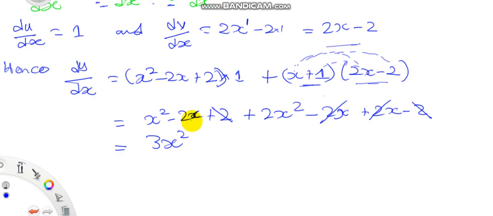Then we have minus 2x. So therefore dy dx is equal to 3x squared minus 2x. Thank you.